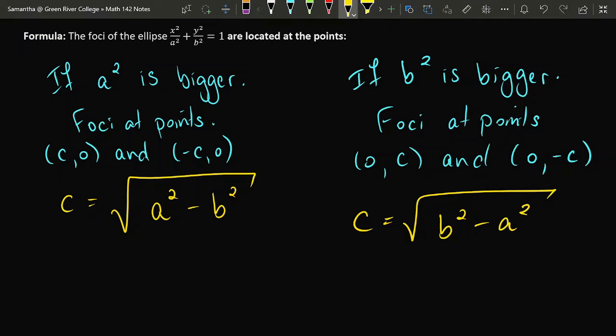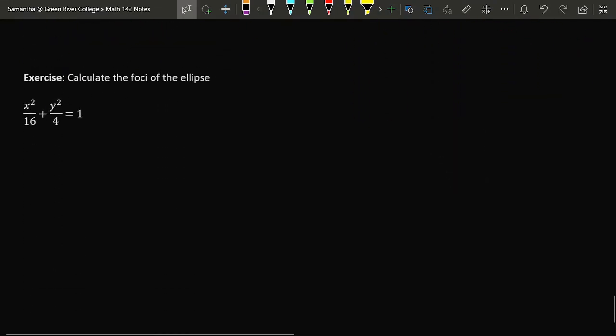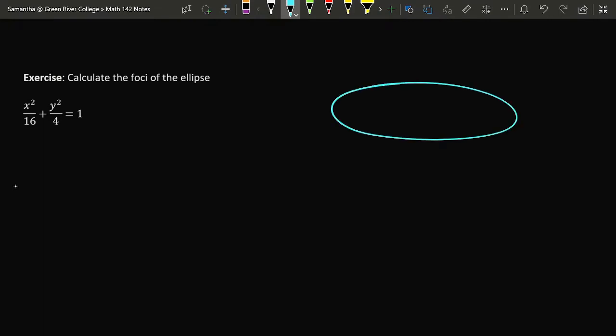Let's see a quick example. Let's go back to our ellipse. x squared over 16 plus y squared over 4 equals 1. And this ellipse is stretched out in the horizontal direction. So the foci will also be located along the horizontal axis. Here's just a rough sketch.